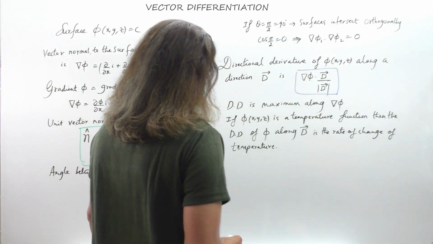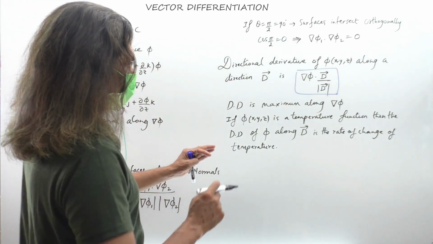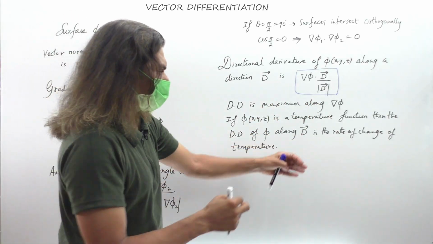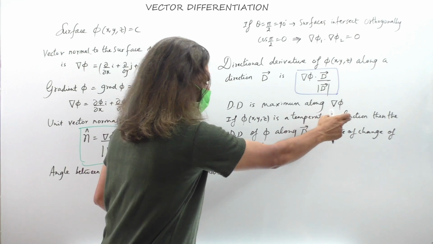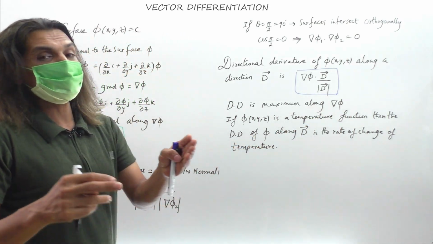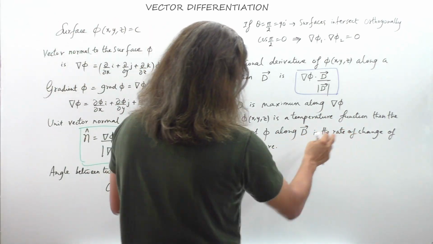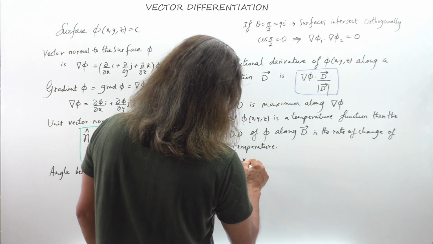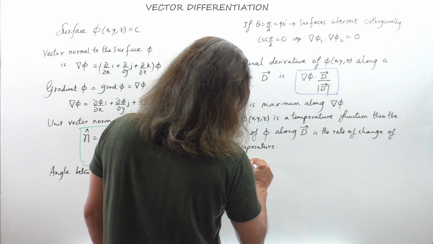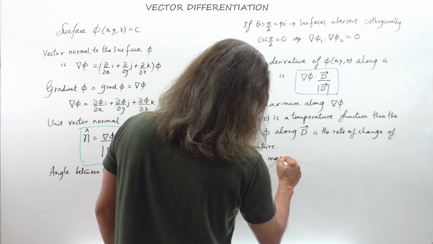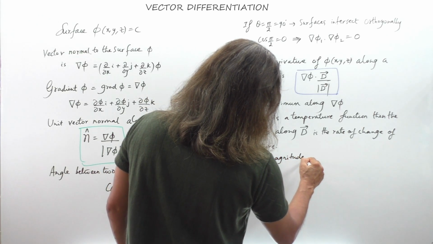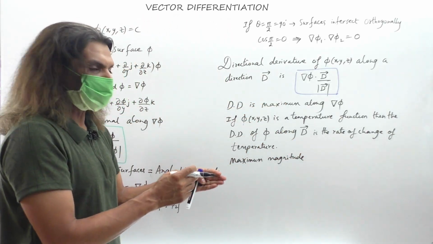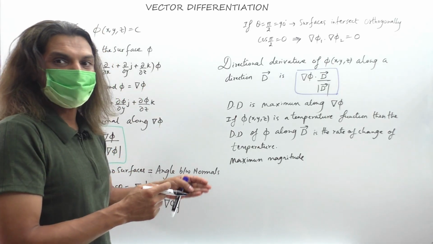Okay, so we learned that the directional derivative is maximum along del phi, and if phi x y z is a temperature function, then the directional derivative of phi along d vector is the rate of change of temperature. Now, one more point here, maximum magnitude. So this theory also will be useful in solving problems. So, I am writing down each and everything here for you to understand the concepts correctly and to attempt the questions.